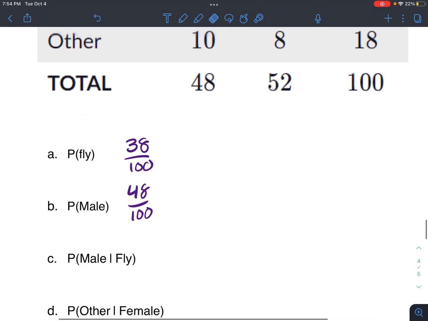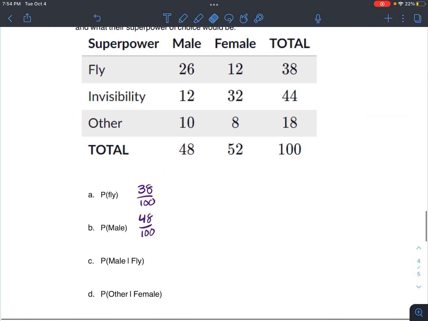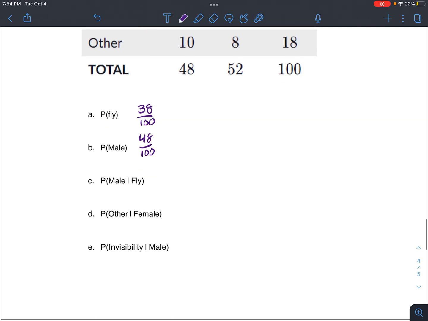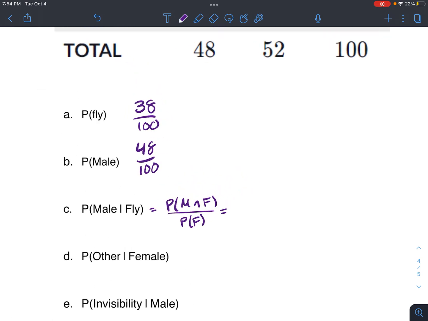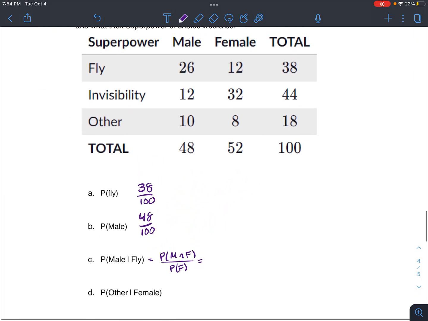Now I want the probability of male given they would like to fly. This is equal to the probability of male and fly over the probability of wanting to fly. The probability of male and fly is 26. That's the intersection of male and fly.